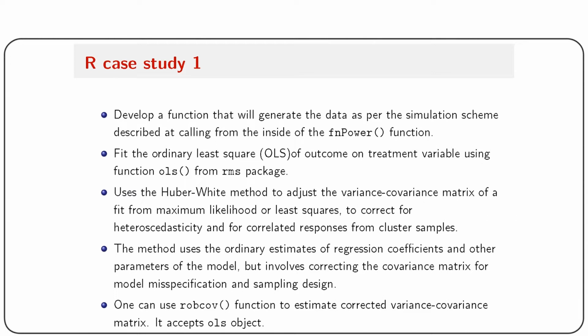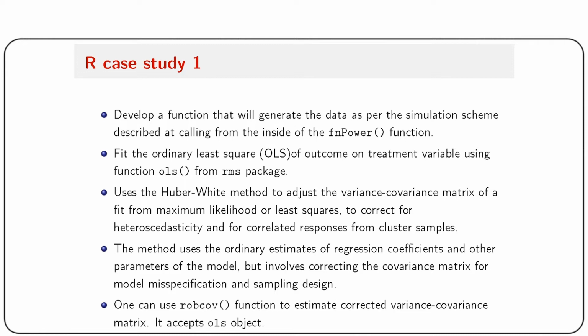So develop a function that will generate the data as per the simulation scheme described, calling from inside of the f in power function. Fit the ordinary least squares of outcome on the treatment variable using the function ols from the rms package.